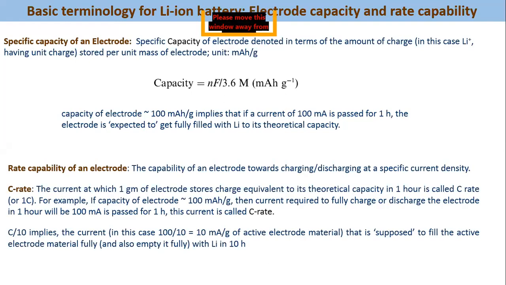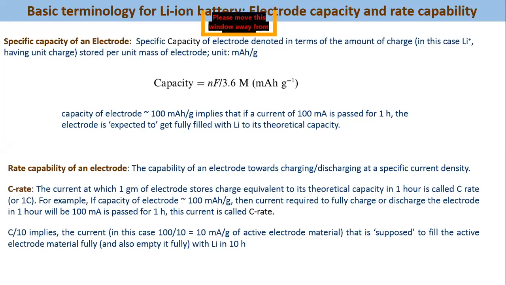Now come to the rate capability of an electrode. The rate capability suggests how fast you can charge or discharge your material. At a higher current rate, or higher charging and discharging rate, your material should also perform well. That is called rate capability. And again one term comes: C rate. C rate is basically the current density.